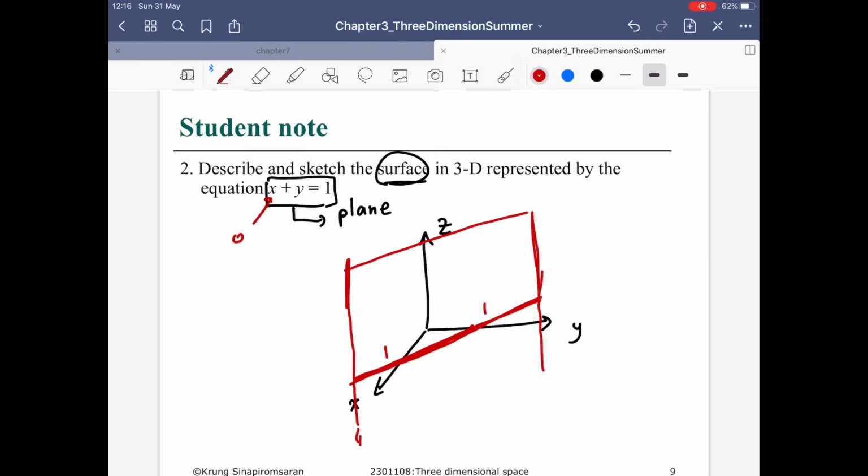Okay, it can go all the way up or all the way down. It doesn't matter because your z can be anything. So this is the plane that is so-called x plus y equals to 1. So it is determined, roughly speaking, by these 2 points on your x and y. Okay, and it looks like a big sheet of paper that is scrolling along this line. So you are going to unfold it as a straight sheet like this.